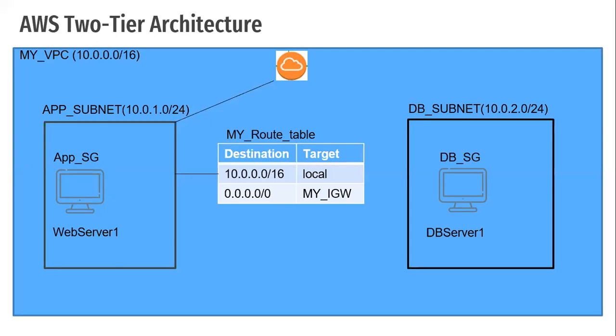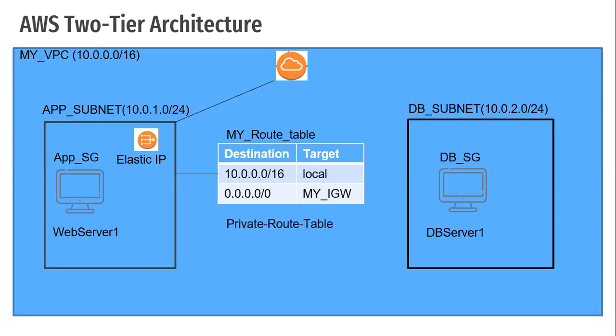So this is the architecture that we have built so far. In this case, I want the DB server to be able to access the internet. So I'm going to create a NAT gateway. I'm going to request an elastic IP. The elastic IP is like a fixed IP address from the AWS pool that you can attach to your VMs. In my case, I'm attaching this to my NAT gateway.